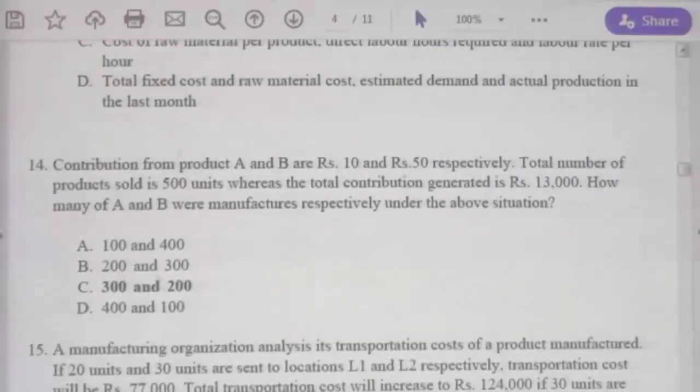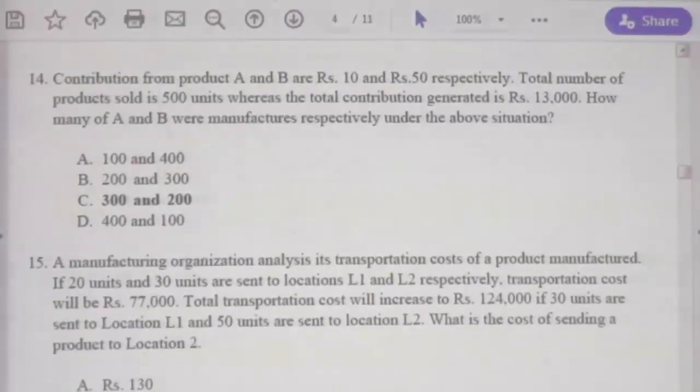Contribution from product A and B are 10 and 50 respectively. Product A and product B, right, their contribution are 10 and 50 respectively. Total number of products sold 500.